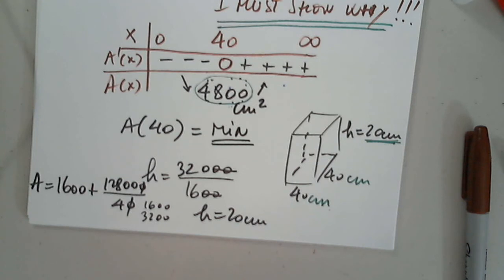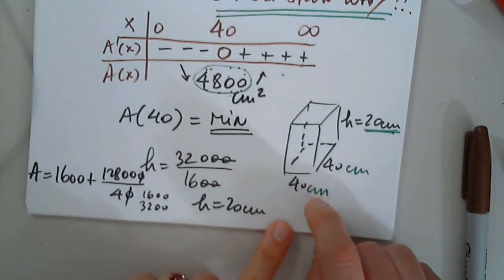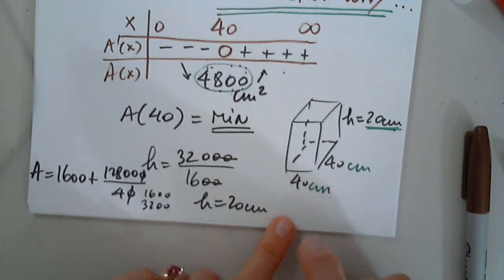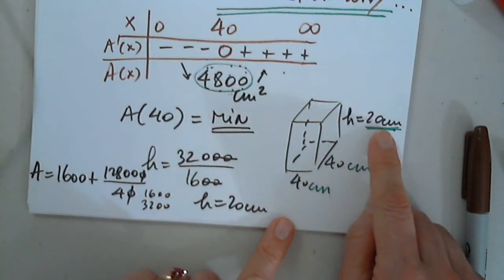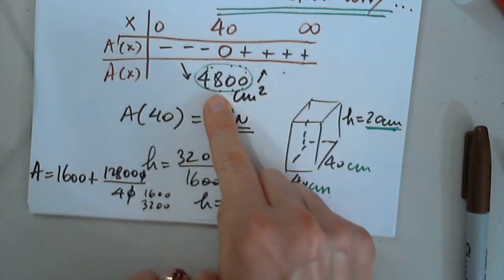Back to the book. Any questions on this? Do you feel a little bit better about it? So technically, the 4,800 is the absolute minimum, right? Absolute minimum. Okay. If you tell the manager of the factory, sir, ma'am, if you change this from 40 to 39 or 41, or change this into 19 or whatever else you want, you're not going to get the minimum.